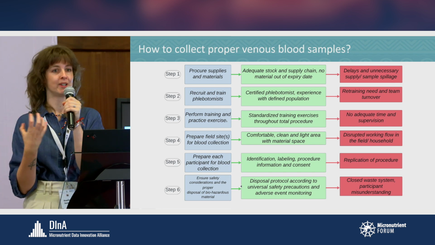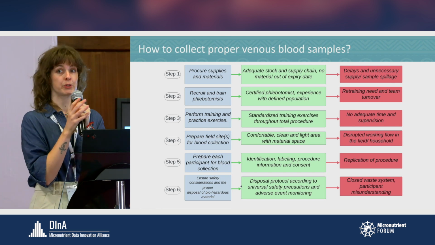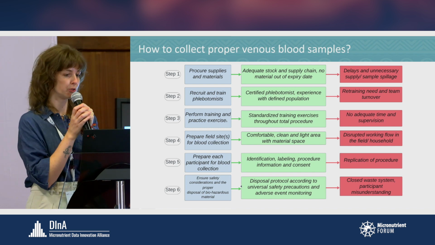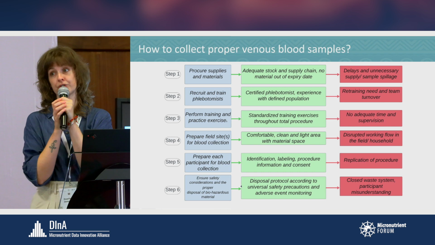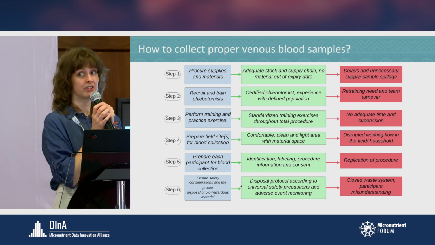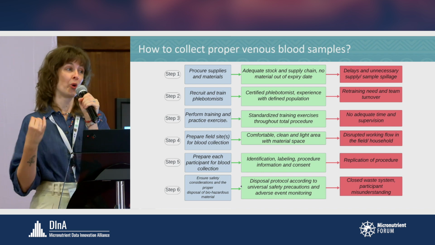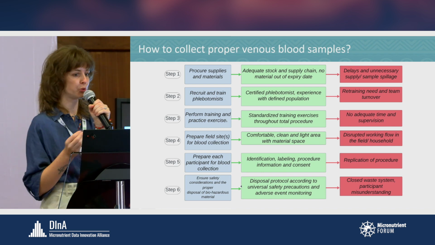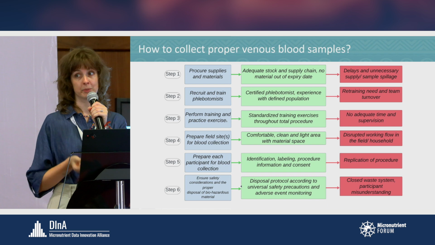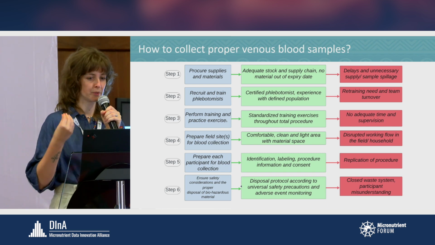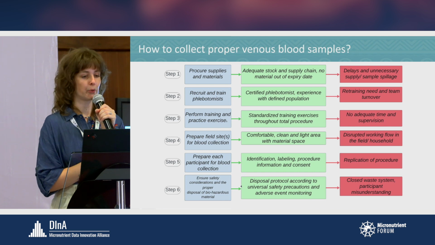It's also the availability of all your field equipment, field items which you need, and then training with the proper population. So if you're taking venous blood samples of children, you really need to train on children to see who is able to do this kind of performance, because otherwise you will maybe have low response rates in the field, because it's difficult to take these samples.